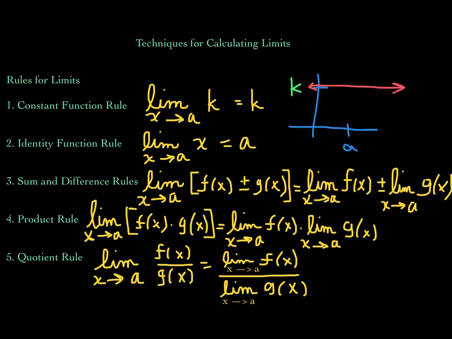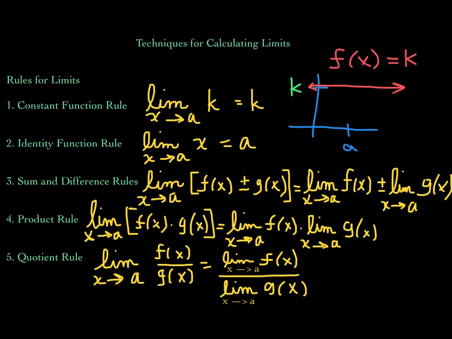Here's a picture that I just quickly sketched for us, just in case someone may understand better by looking at a picture. The graph of a constant function is a horizontal line. So I drew a horizontal line going right through the value of k on the y-axis. This is the graph of the constant function f of x is equal to k.